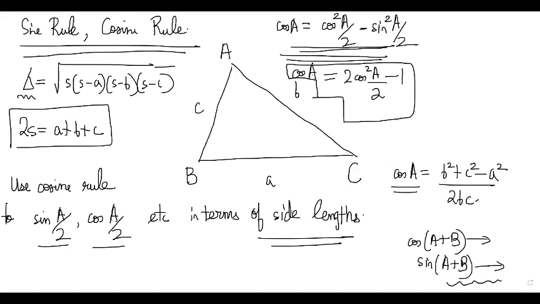Once you know that, you can just put B equal to A and you will get cos 2A equal to cos square A minus sine square A. I will not get into that; you will find it in a standard book. I will use directly the identity cos A is equal to 2 cos square A by 2 minus 1.